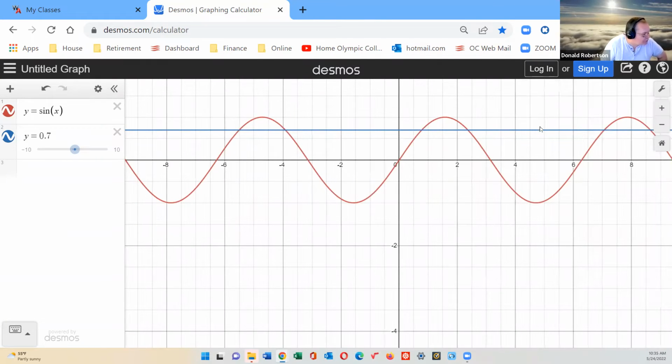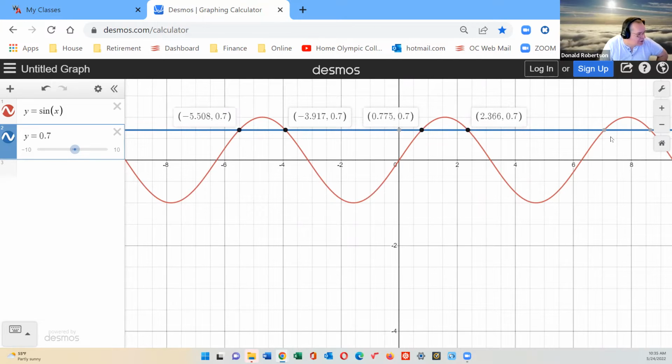Now, as long as it's in this window here, it's a solution. So if I look at it, would you agree there's a solution here, there's one here, there's one here, there's one here, one here, and lastly, one here. Do you see the answers are the x coordinates? So you would be writing down -5.508, which is that one.